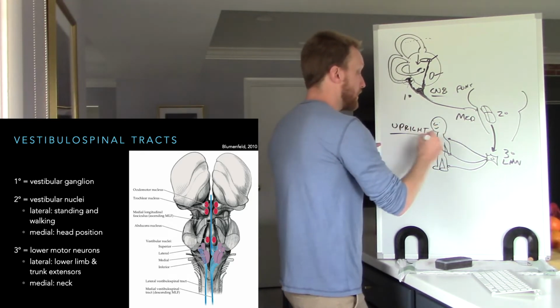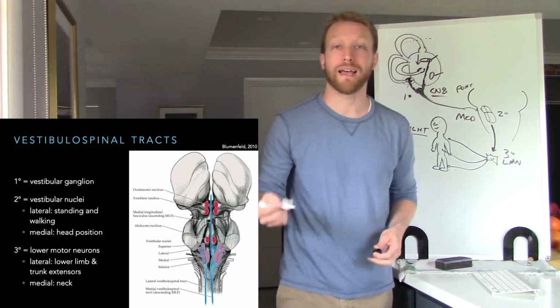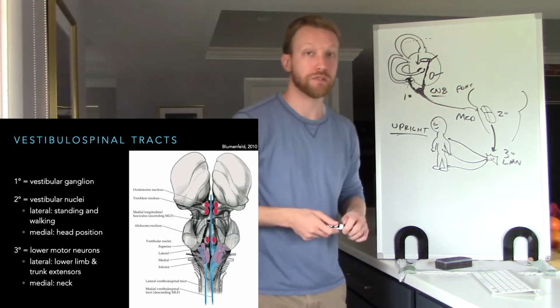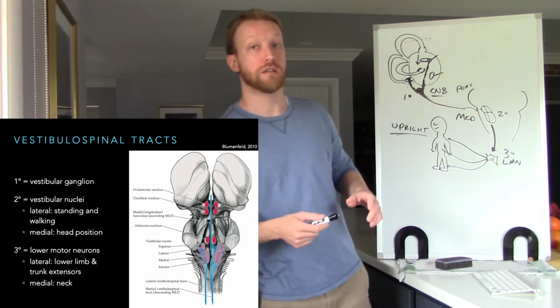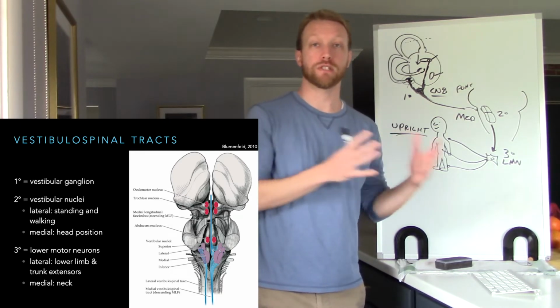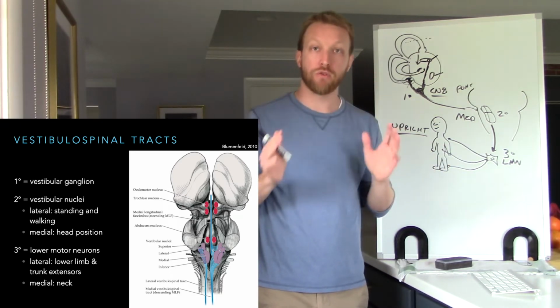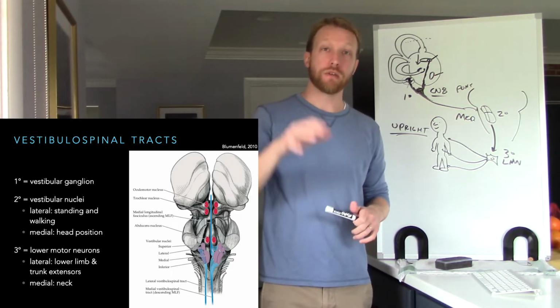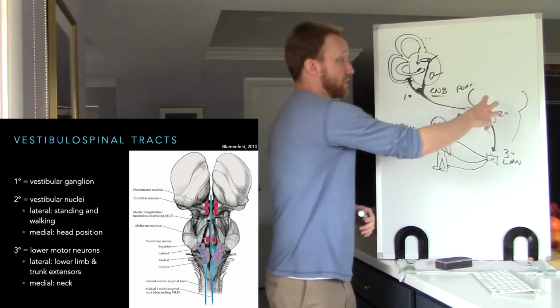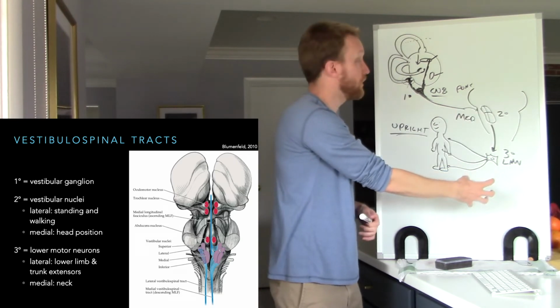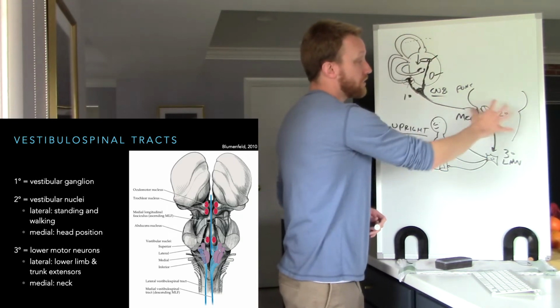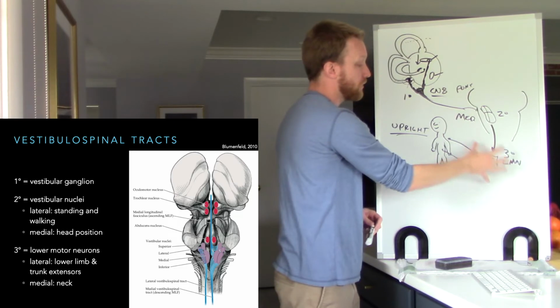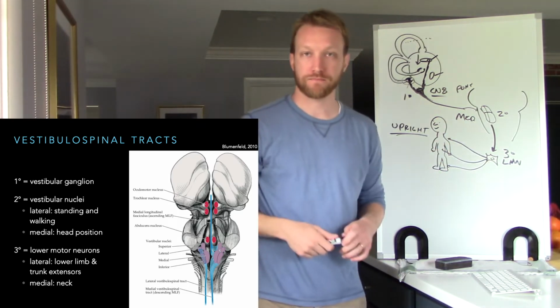The vestibulospinal tract is about keeping us upright as we move around. Whether it's bending over or leaning, it doesn't matter. As we're moving our center of gravity, we want to make sure we don't fall over. But we also don't want to have to think about that. So we have this non-conscious descending tract here that starts in the inner ear, goes to the medulla, and then eventually hits the spinal cord to keep our sense of balance.